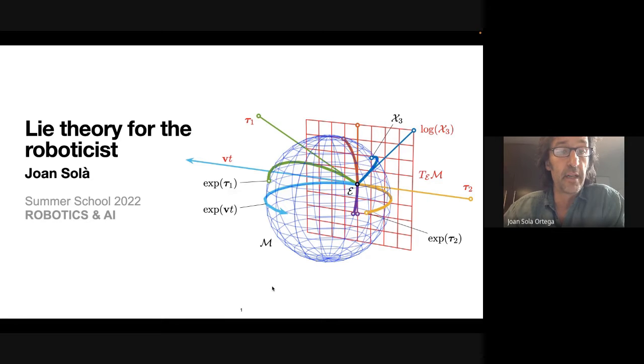So you will see that all the intuitions that we have when working with matrices, vectors, and these kinds of things are applicable to 3D rotation matrices and these kinds of objects that are nonlinear. This is the aim of this course.